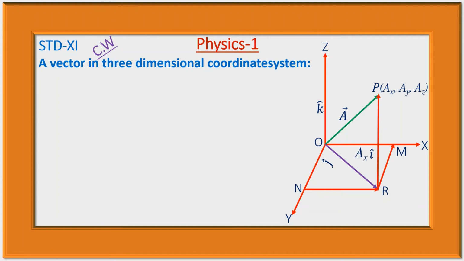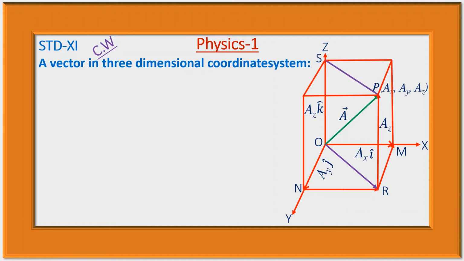So OM is AX, that is, the coordinates of point P are AX, AY, and AZ. So OM is equal to AX, ON is equal to AY, and here PR, that is, this is AZ, the Z component. Now this is the figure.